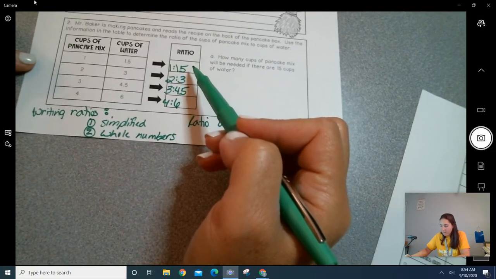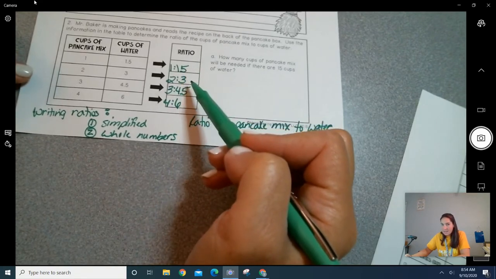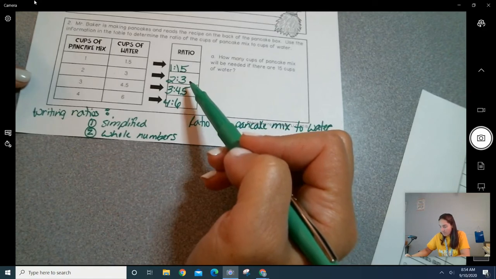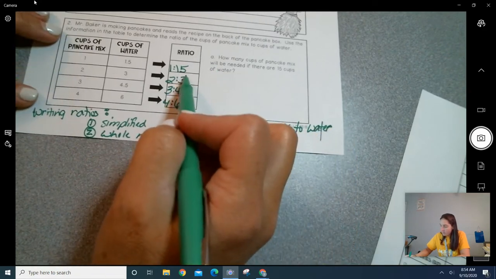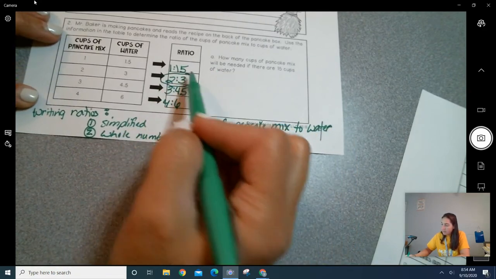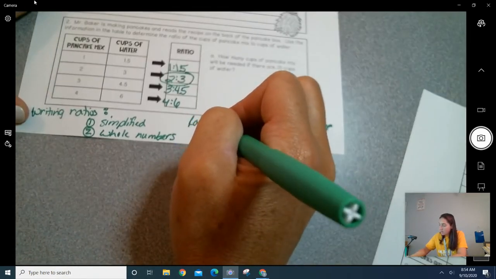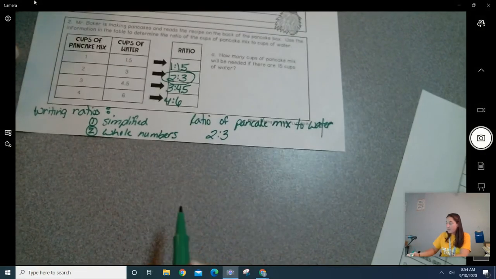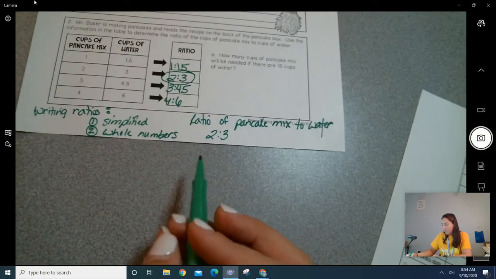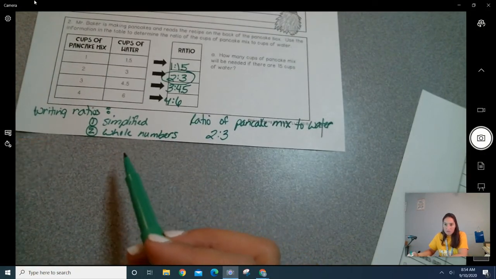It's not a whole number. So we go to the next most simple ratio, okay? So the ratio of pancake mix to water is always 2 to 3. That's our most simplified ratio using whole numbers, okay?